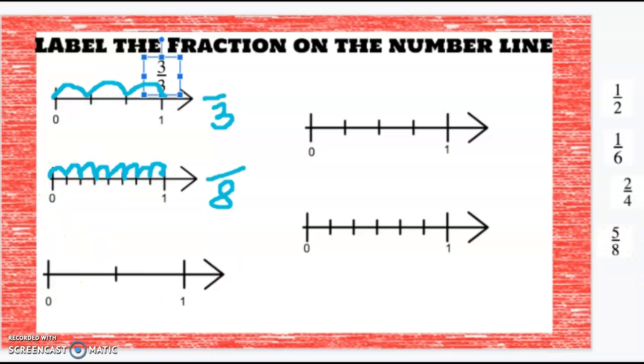So I need to count 5/8 on my number line and make sure I put it in the right spot. 1, 2, 3, 4, 5. So this is where 5/8 is going to go on my number line right there.